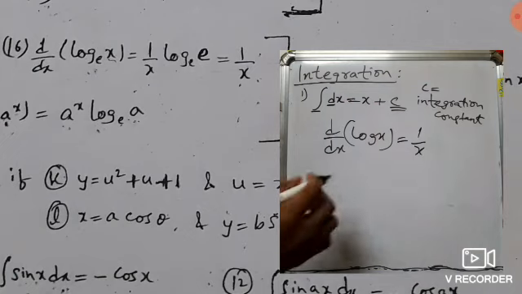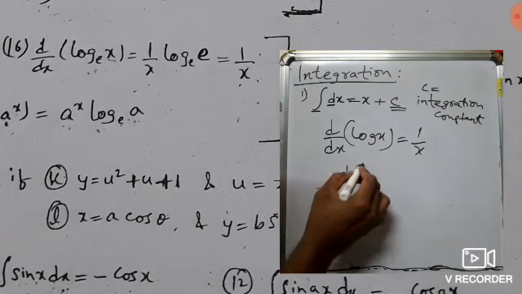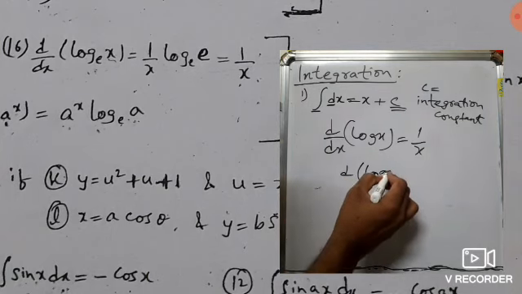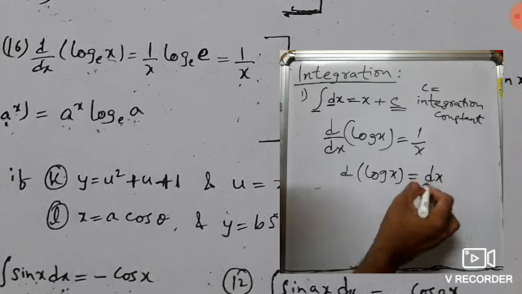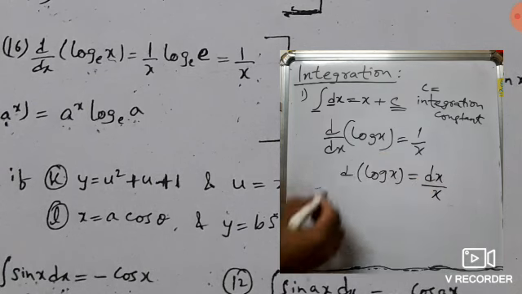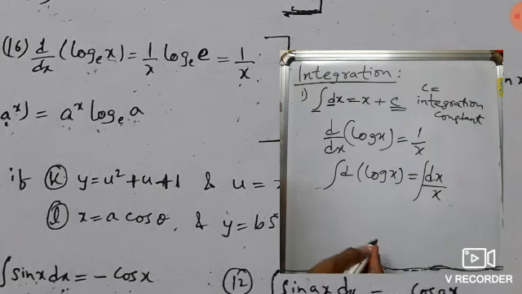Differentiation is just the reverse of integration. If we put dx here, d of log x equals dx by x, and we integrate both sides.